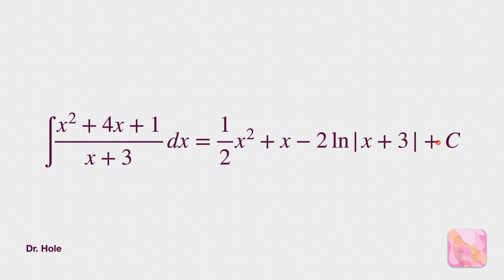Very good. Another example. Now, looking at the degree of the top, it's degree 2. The degree of the bottom, it's degree 2. We again want to think about dividing the bottom into the top. And if we do that, we'll come up with, and this is similar to the previous example, x squared.